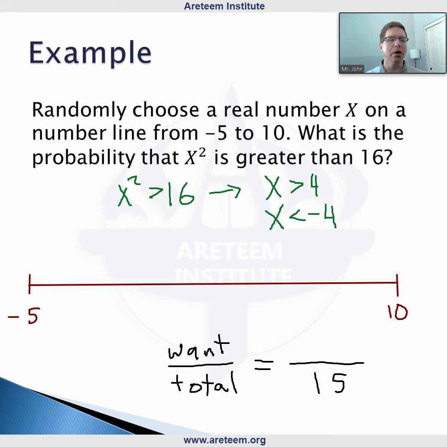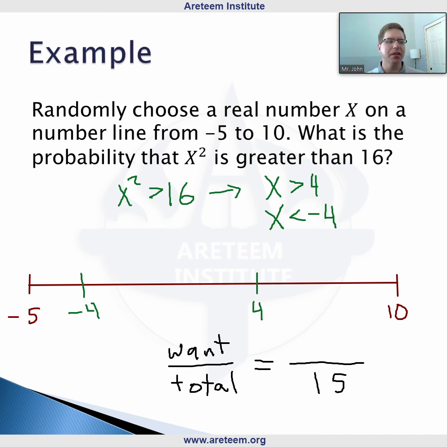I don't want to worry too much about having exact dimensions on our picture here. But we could say we have our important point negative 4 on one end, and we have our point 4 over here that is also an important point.